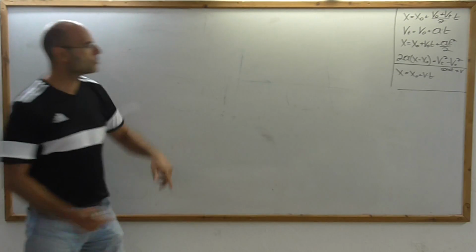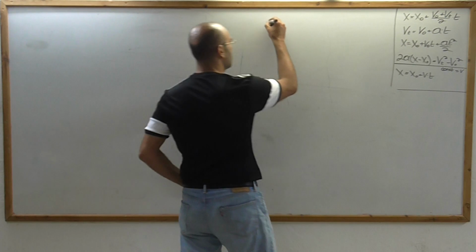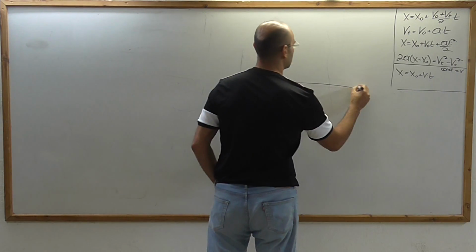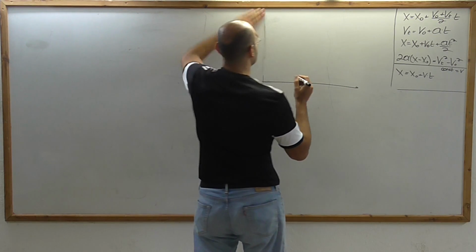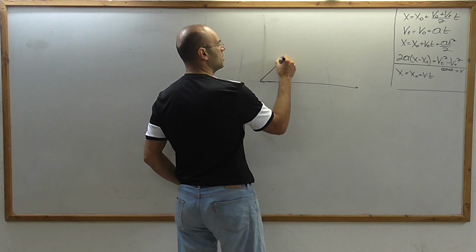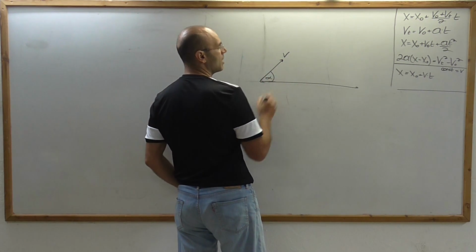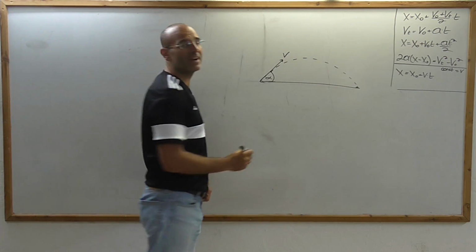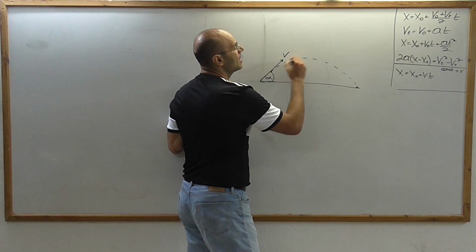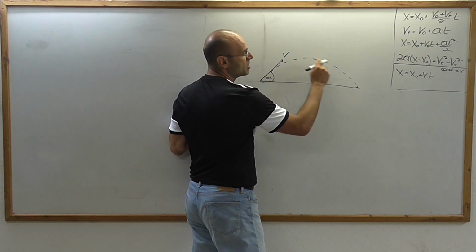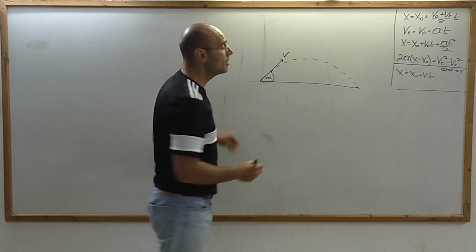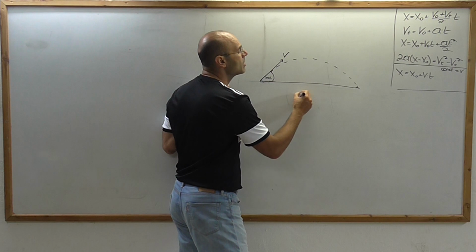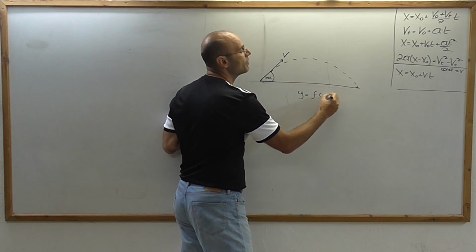Okay, let's prove now it's a parabola. Let's say I threw a ball from here at the velocity v under angle alpha. We know it goes like that. I want to prove that the path in which this ball is going is a parabola. In other words, I want to show that y is a function of x.